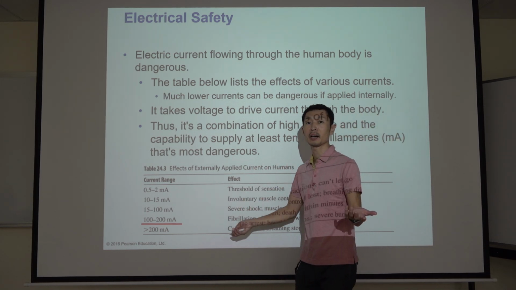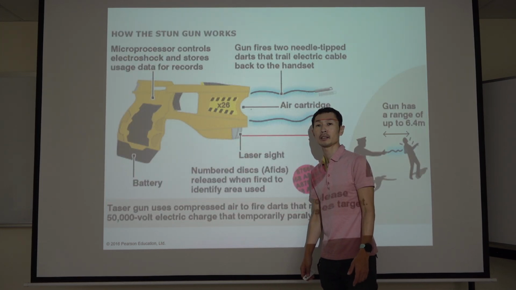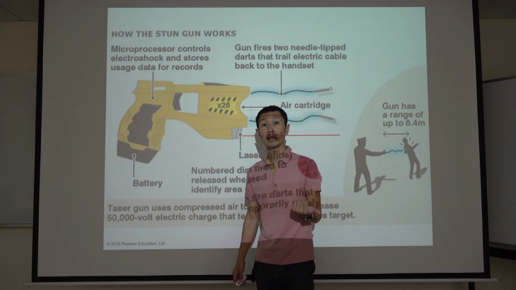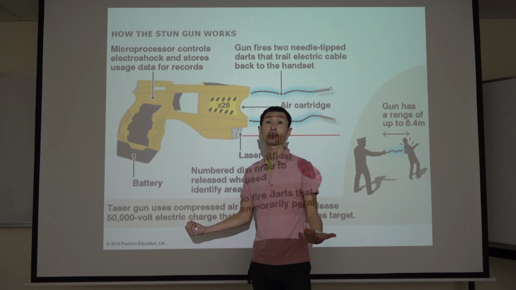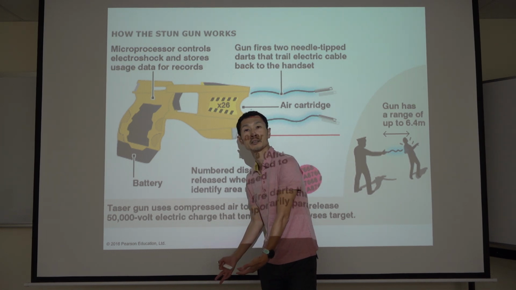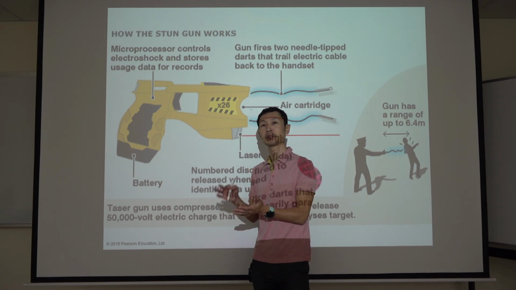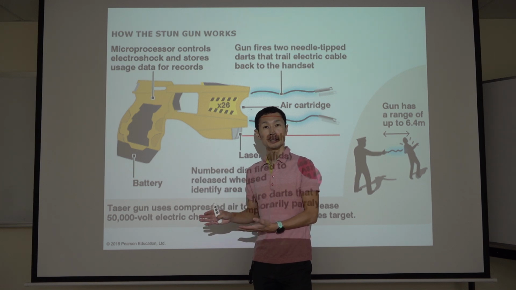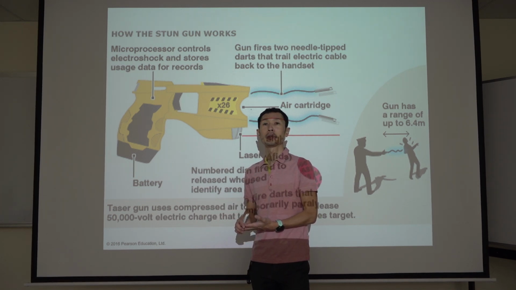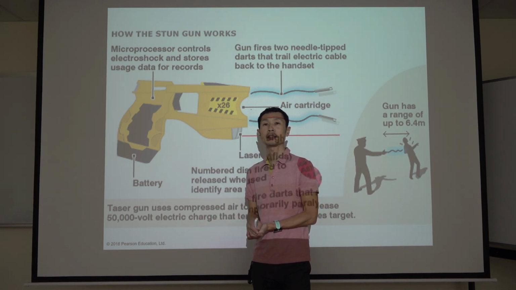If the bad guy is shot with a taser, he feels the pain and cannot use his muscles, so he usually falls down. But it doesn't kill him because it's still below 100 milliampere. So the bad guy's heart is okay. It just shocks him and stops his motion, but doesn't kill him.